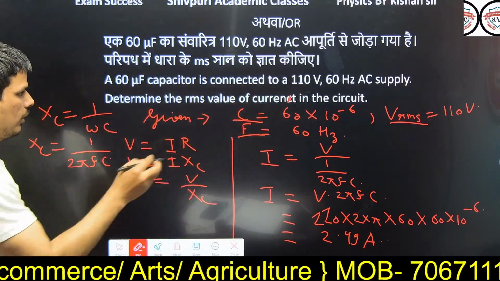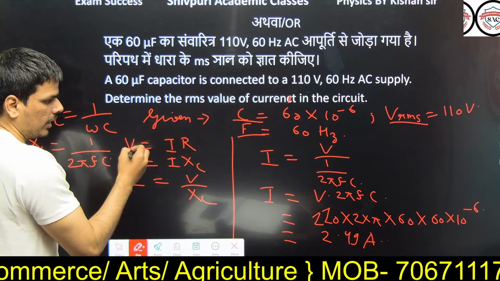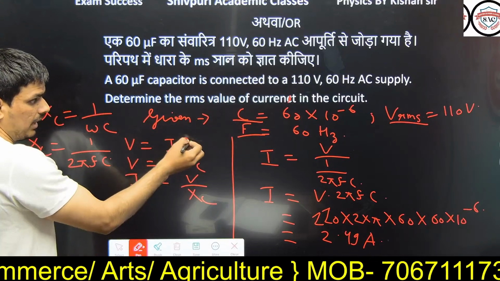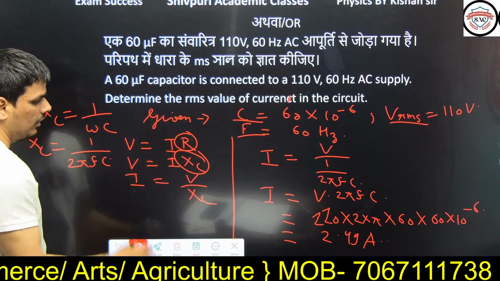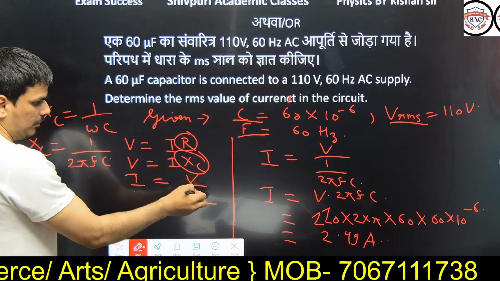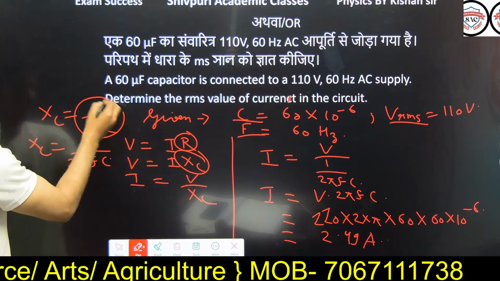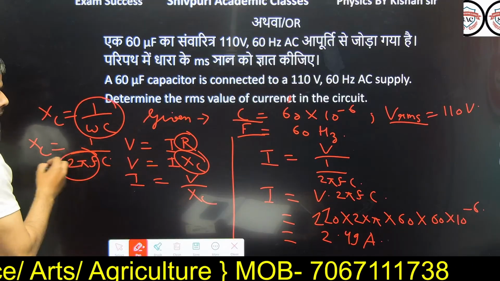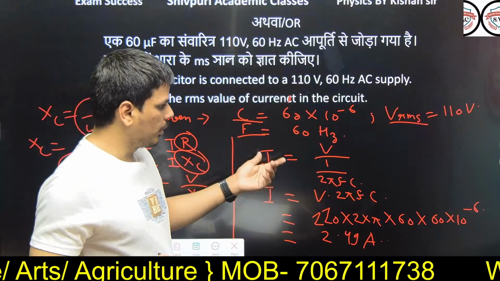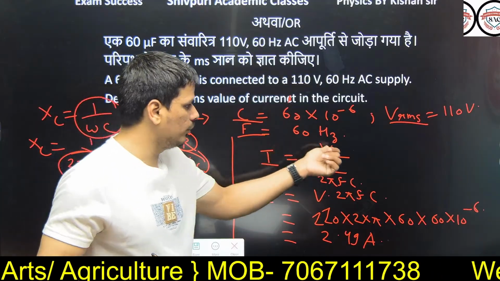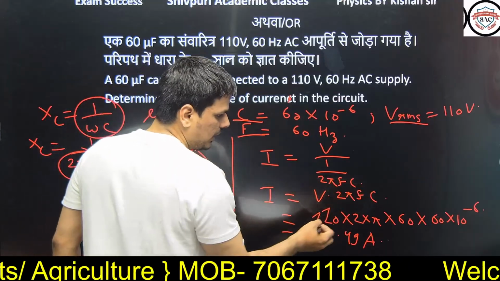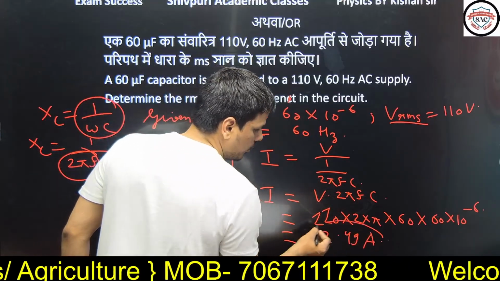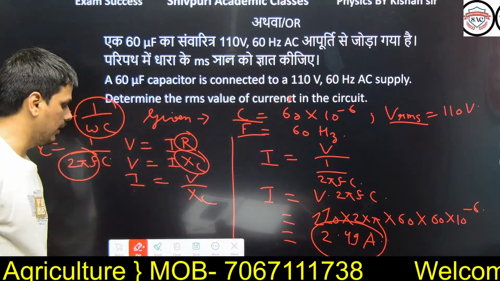So we have the formula by Ohm's law, V equals IR, but here the resistance is offered by the capacitor, so we could write it as XC. I equals V upon XC, but the value of XC is 1 upon omega C and omega is 2 pi F. So our formula should be I equals V upon 1 upon 2 pi F C, so I equals V into 2 pi F C. So we put the values and the solution should be around 2.49 ampere.